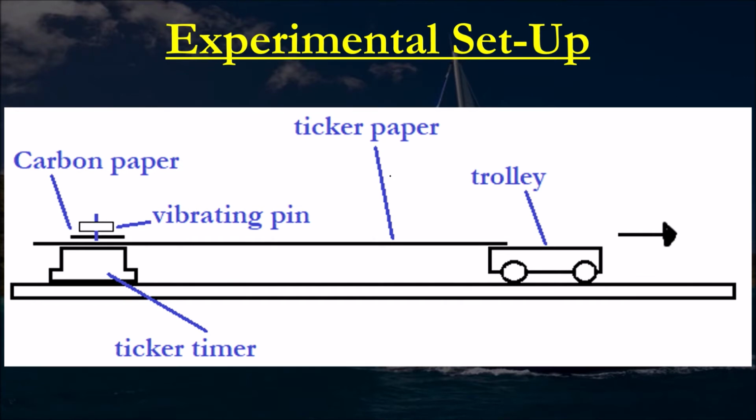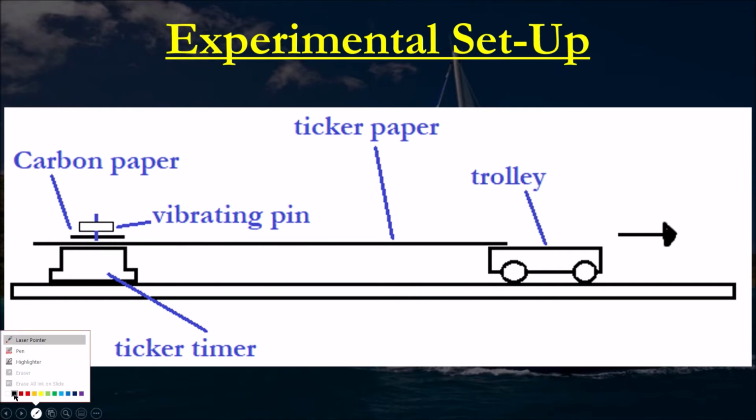Okay, just a few notes on what we're doing for this. So we have our dynamics trolley, this here. We have ticker tape, we have a ticker timer, and we have carbon paper. Now, when you do this prac, the carbon paper has to be on top of the ticker tape, because that's how you create the little dots.